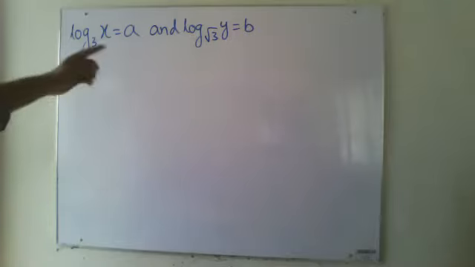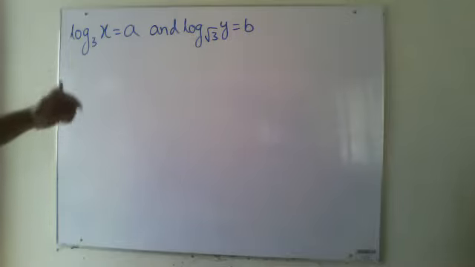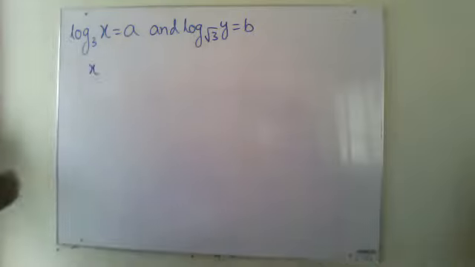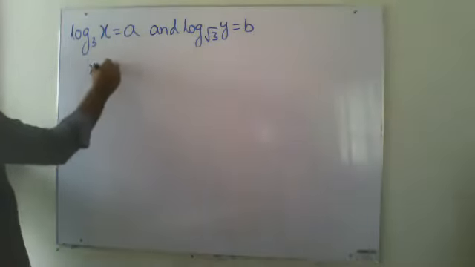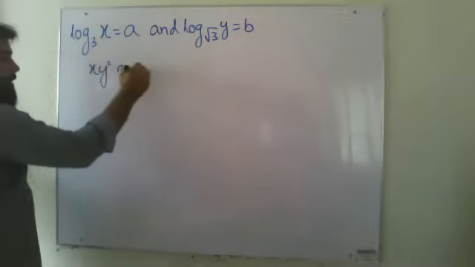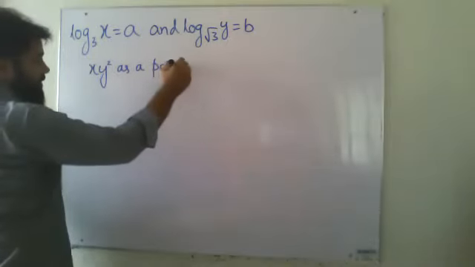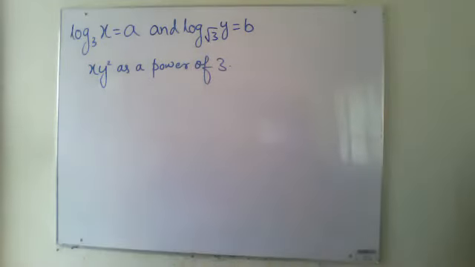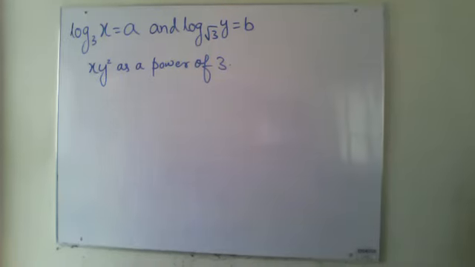Log base 3 of x equals a, log base under root 3 of y equals b, and then they are saying to express x y square as a power of 3. Okay, it means I have to convert my x and y into something else, and I have to show them as a power of 3 in this equation as they have told us.